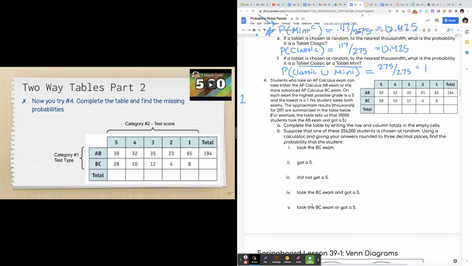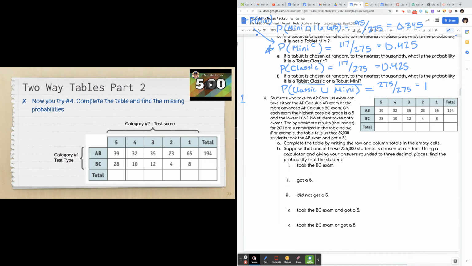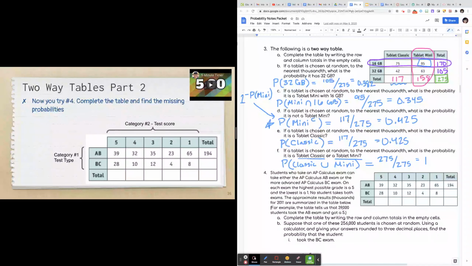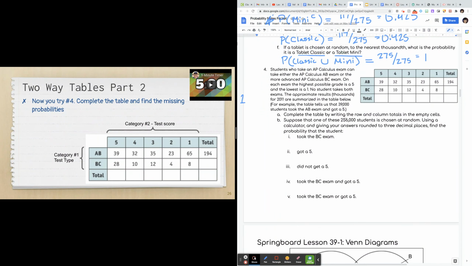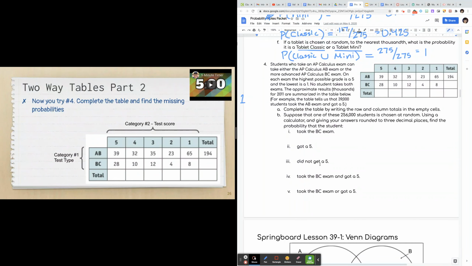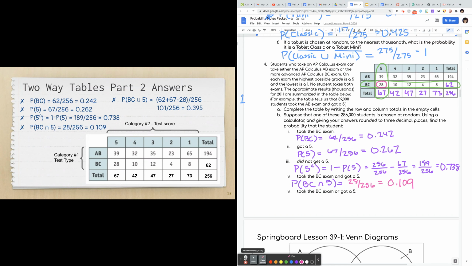Keep in mind that you have to write all of them with the probability notation like I did up here, okay? You should, at the very least, be able to do the first 4. The 5th one might be a little bit tricky, so check back with me once you're done with these problems to check your answers. All right, folks, so I did the first 4 on here for you.